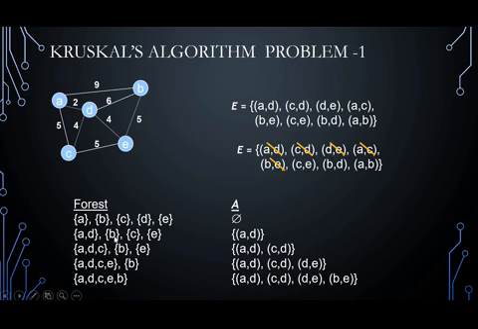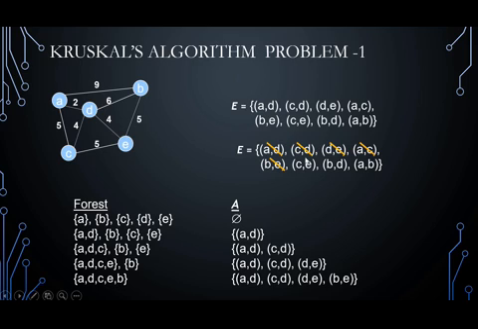AD and remaining B, C, E are separate sets. Okay. And once I have used this edge, I just cross it out because I don't want to consider the same edge repeatedly. So this I have removed.